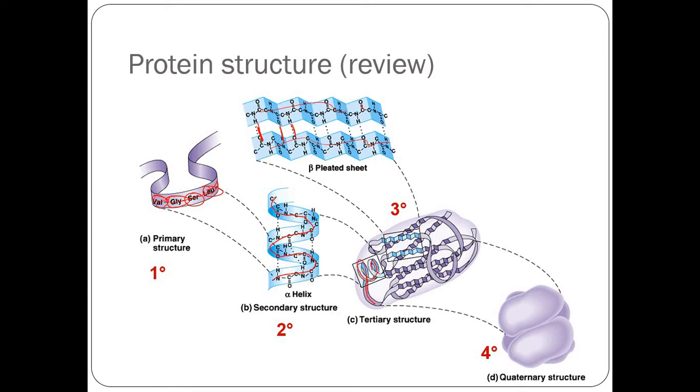So this one is in beta pleated sheets, right? It formed beta pleated sheets, and then it has a lot of twists and turns, right? So it has a lot of folding. So it now contains tertiary structure.